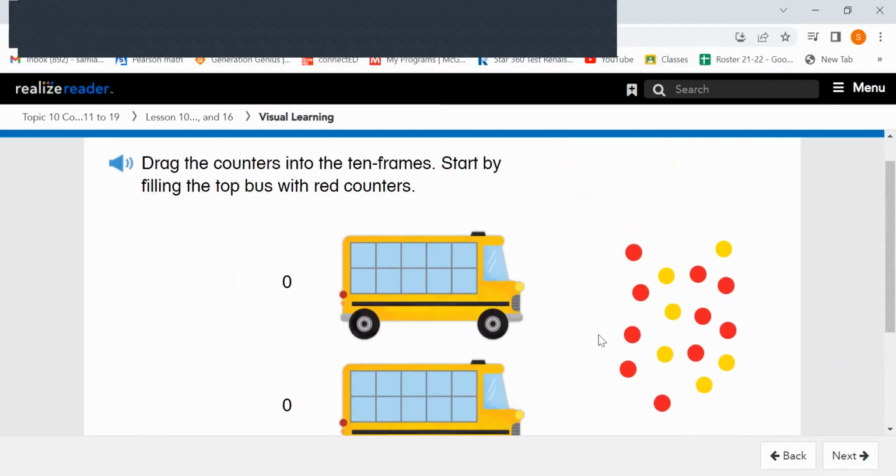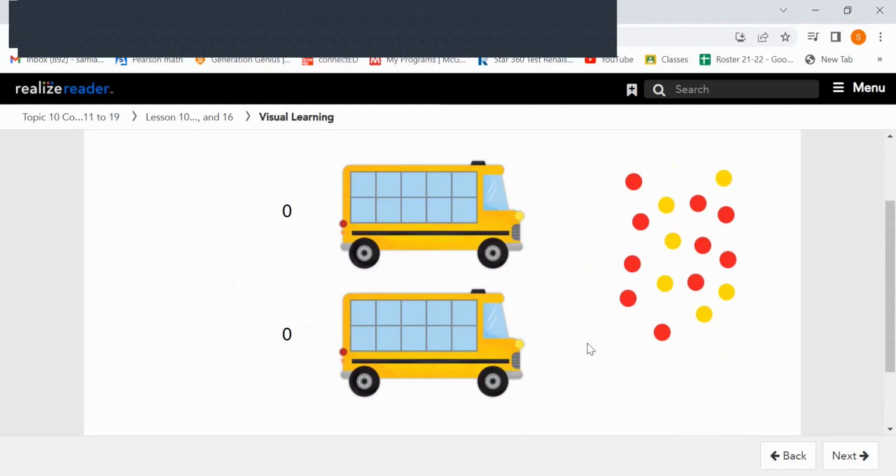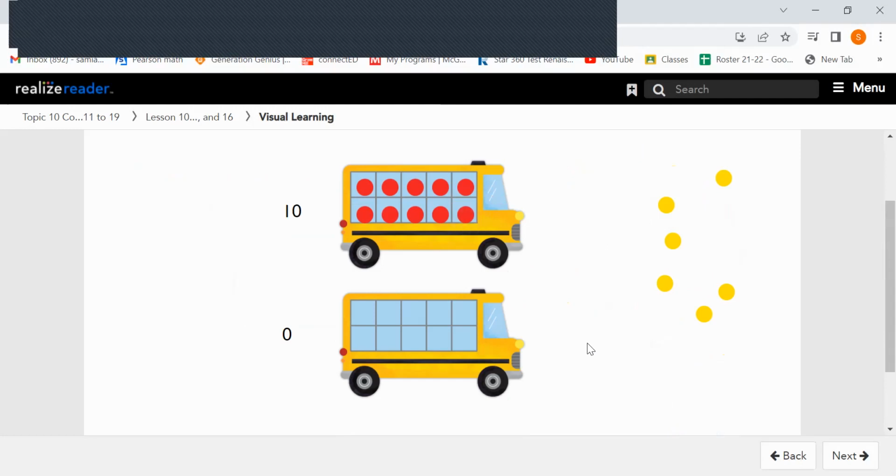All right, so we're going to drag the counters into the 10 frames. We're going to first put our red counters over here in the first bus or the first 10 frame. So it looks like we are going to fill in the first 10 frame. So we have 10 counters in our first 10 frame.